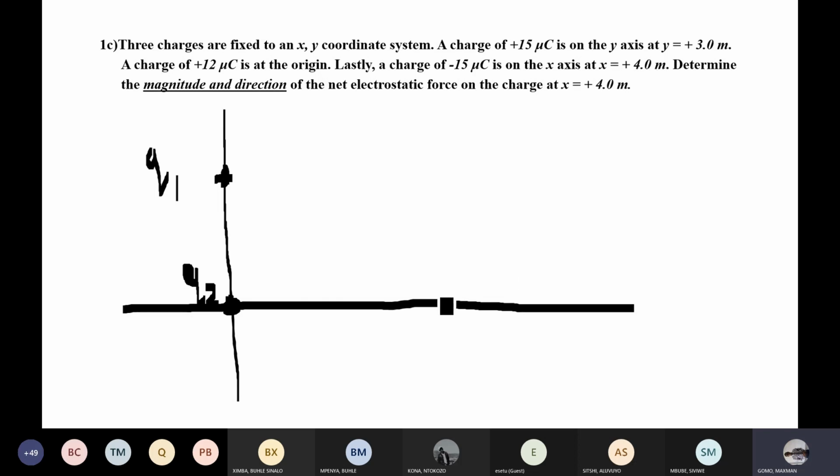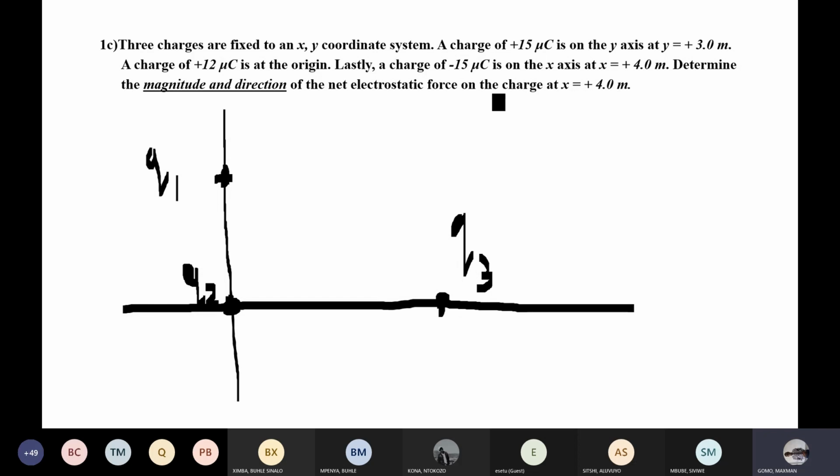So you're going to assume that this is the point where x is equal to 4. Then you put your Q3 like this. So here, they're saying determine the magnitude and direction of the net force on the charge at x equal to 4. So you're asked to calculate the net force around this charge here.